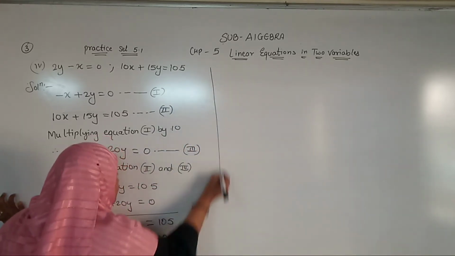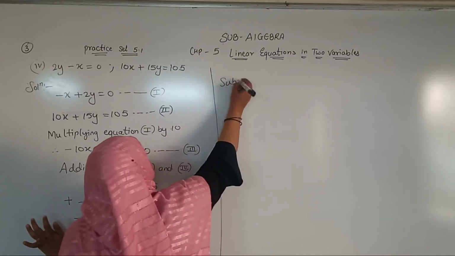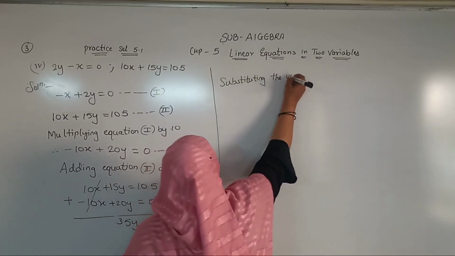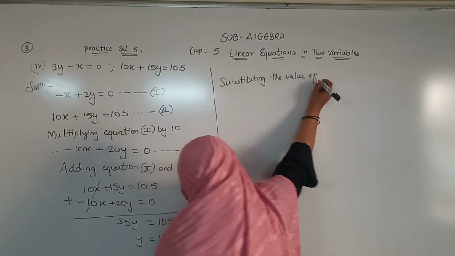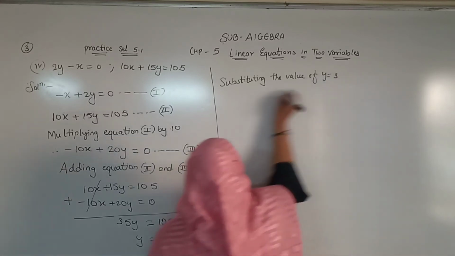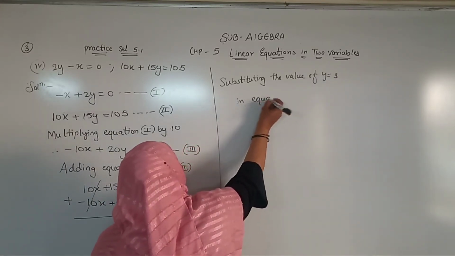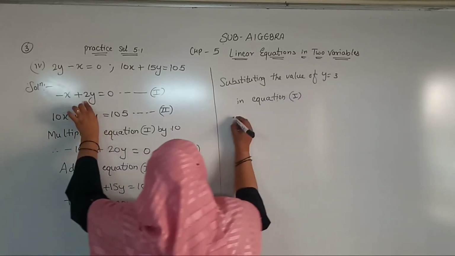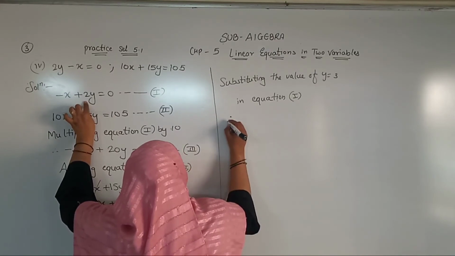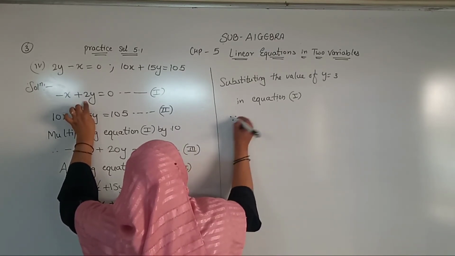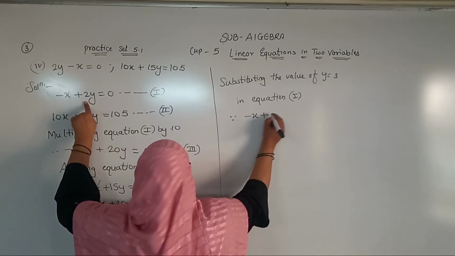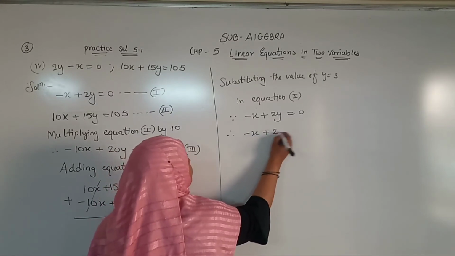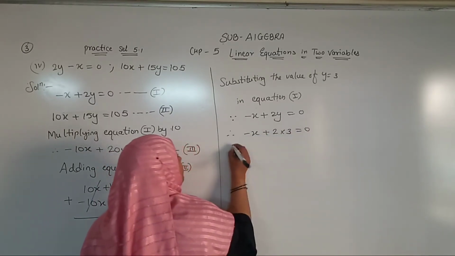So now, substituting the value of y equals 3 in equation number 1, that is minus x plus 2y equals 0. Therefore minus x plus 2 into the y value 3 is equal to 0.